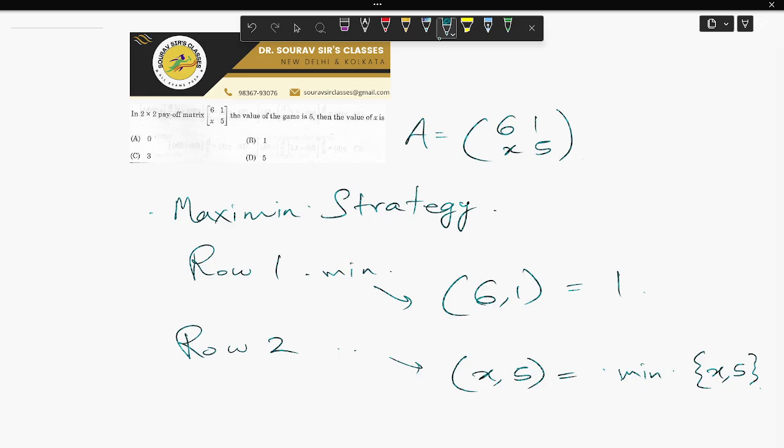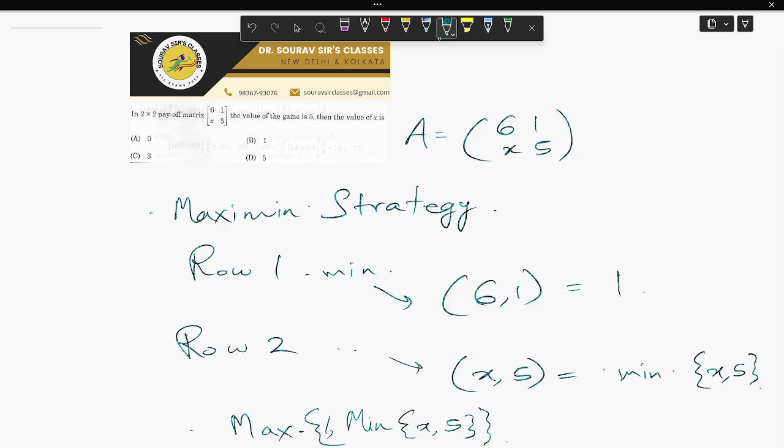So the maximin value will be the maximum of 1 comma the minimum of x comma 5.